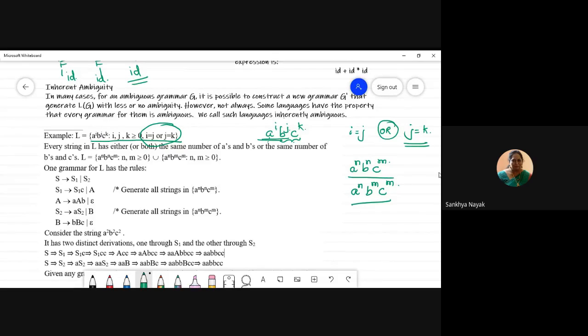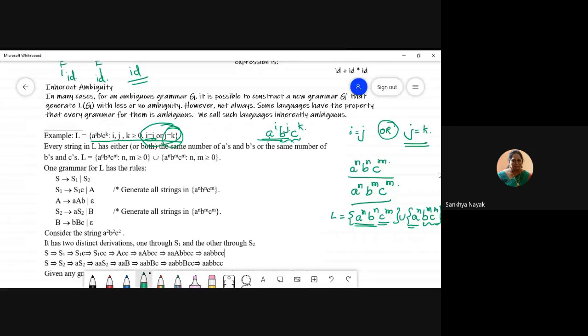So the question is telling me I need a language which is the union of either the first one or the second one. It's not difficult. Equal number of A's and B's, because i is equal to j, followed by some number of C's, or some number of A's with j equal to k.